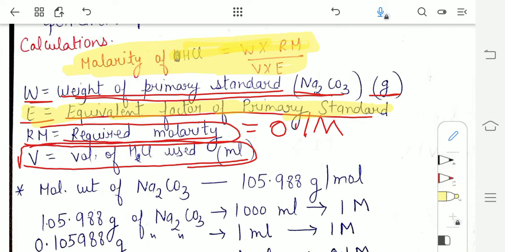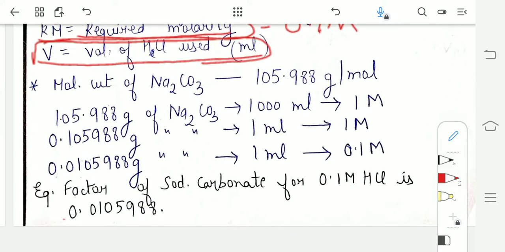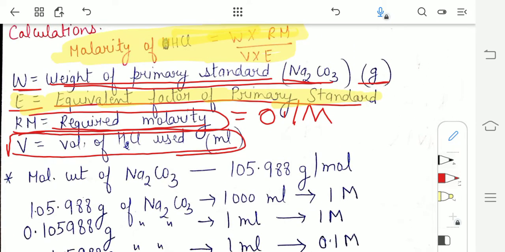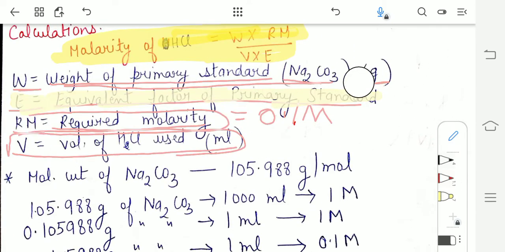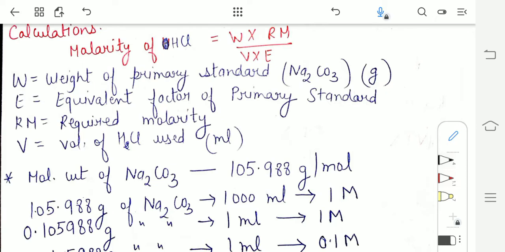Here again I will explain what is equivalent factor. Equivalent factor is the grams of our primary standard that will react with 1 ml of HCl. The main thing which we need to know over here is E, because the rest of the values we can easily calculate.